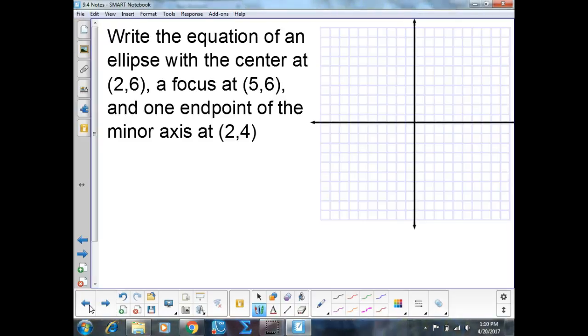What do you know? The center is at (2, 6). What else do we know? One of the foci is at (5, 6).